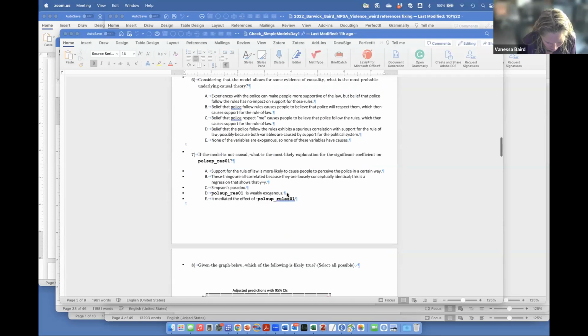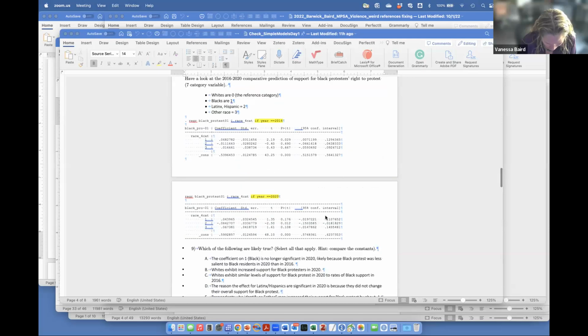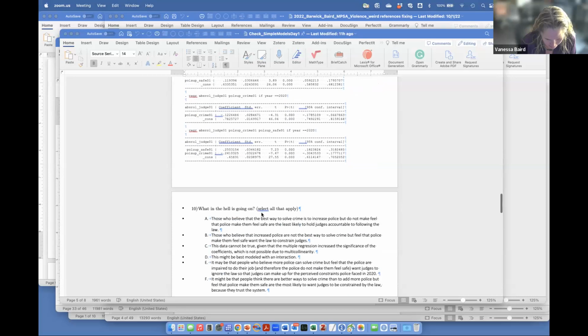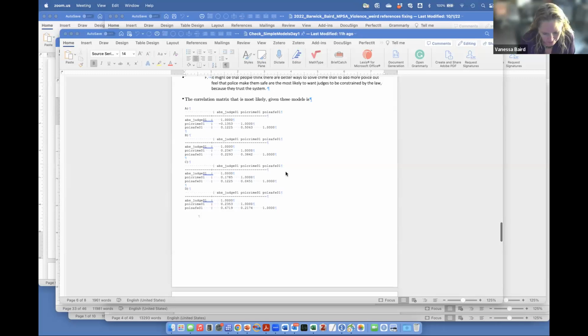I wanted you to be aware of that. And I've got some graphs, and you look at them and tell me what these coefficients mean, that kind of thing. I wrote these to prepare you for what's to come, so it'd be a good idea to at least look at them if you want to, and let me know if you have any other questions.